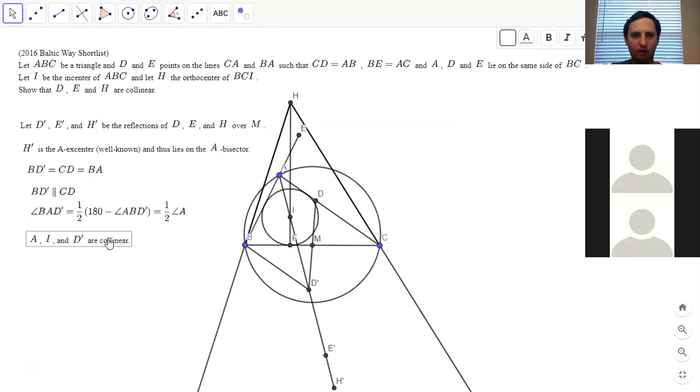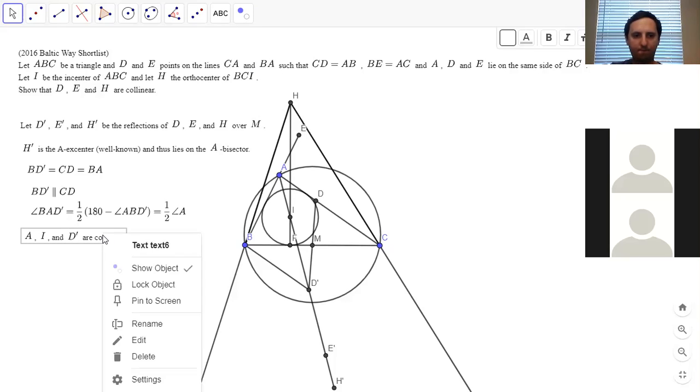And then actually, let me rewrite it this way.